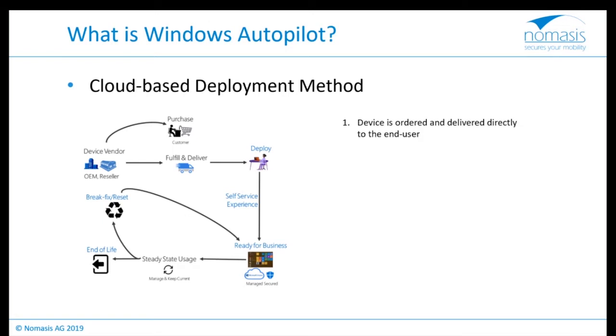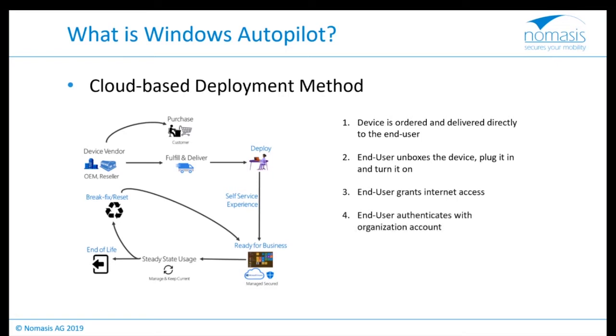This device is pre-registered in the Autopilot cloud. The end user unboxes the device, plugs it in, and turns it on. After granting internet access and authenticating himself with the organization account, the device joins the organization, enrolls in Intune, and is configured as defined.